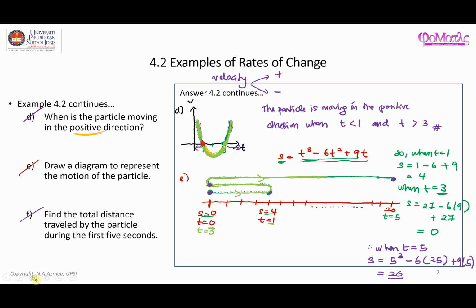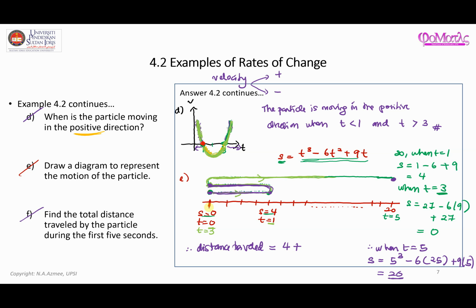So therefore the distance traveled is going to be this. From this point to this point, the distance traveled is 4 meters, plus this point to this point is another 4 meters.